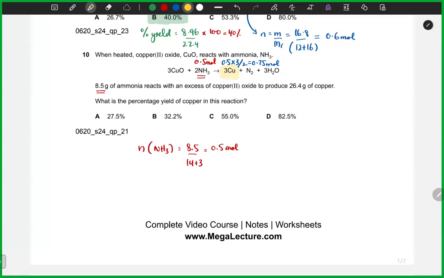तो निकाल लेते हैं फिर theoretical mass. We're going to try and find out what the theoretical mass is. So the mass of copper would be moles multiplied by the AR of copper. अच्छा, what's the AR of copper? I think that's 63.5, so it's 0.75 multiplied by 63.5.